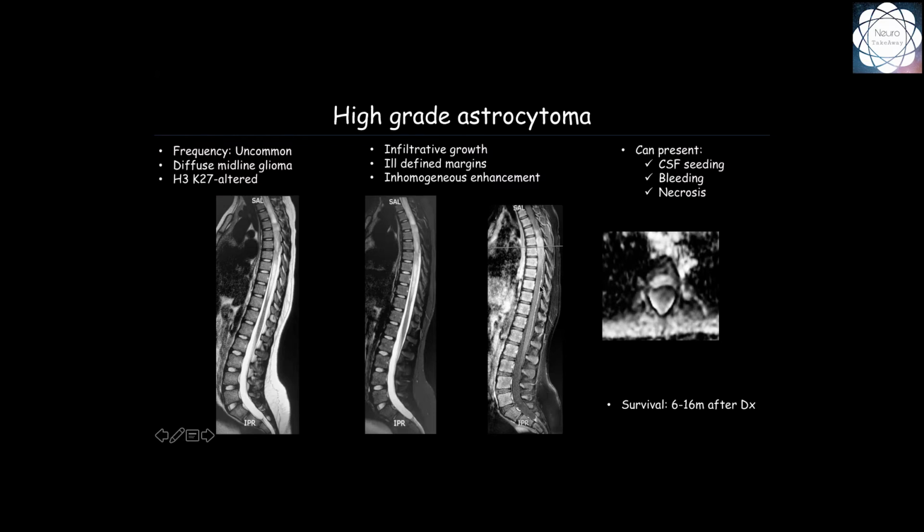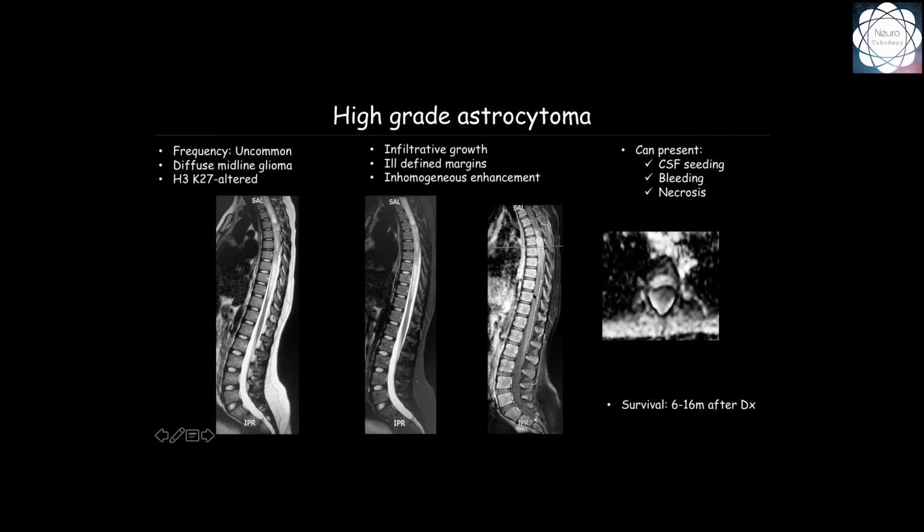You can see here this pial dissemination, and they are usually associated with CSF seeding, bleeding, and necrosis. You can see this relatively low signal intensity on T2 and restriction on diffusion, which speak about the presence of high cellular content.